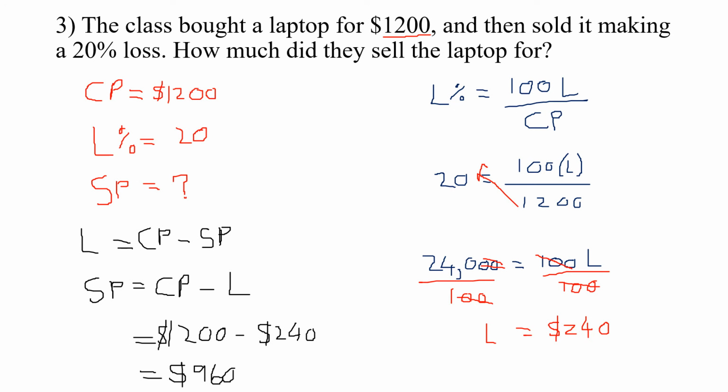So this will now answer the question: how much did they sell the laptop for? After buying it for $1,200, they actually sold it for $960. So the answer would be: they sold it for $960.